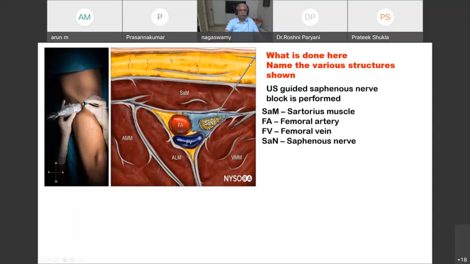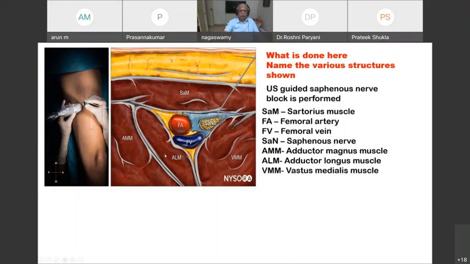So the needle has come inside like this. Then you have the adductor magnus muscle, which lies lateral to the femoral artery and femoral vein, and they have adductor longus muscle also. So longus and adductor magnus both are there. Then you have vastus medialis muscle. So these are all the short forms that are given.